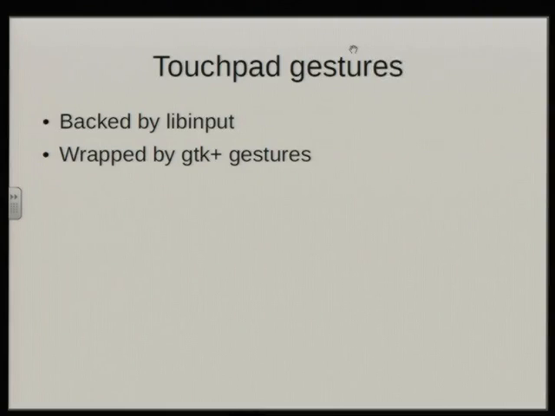And it would be Libinput the responsible for doing the interpretations of these events and giving you some high-level interpretation of this, such as the user is zooming or is rotating, or this is a three-finger swipe or whatever. And once there is Wayland scaffolding for this, the idea would be to have this wrapped by GTK gestures.